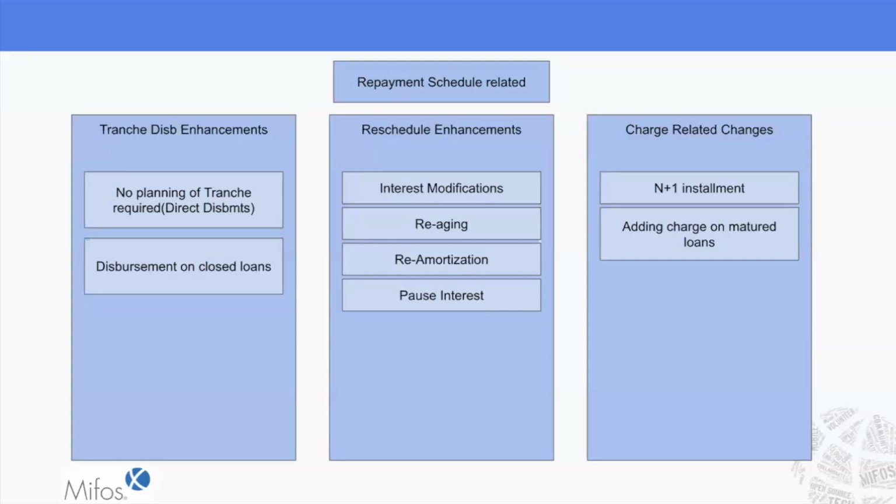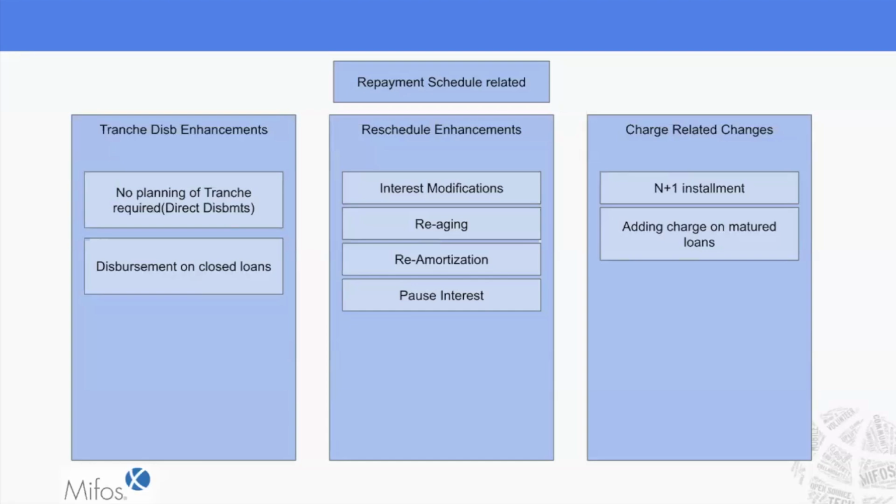That is re-aging. With re-amortization, all the overdue amount will be equally distributed to the next installments, and the loan will move out of overdue. So these are the benefits the organization can now give through Mifos to the customers.